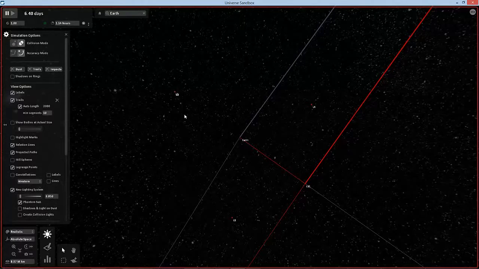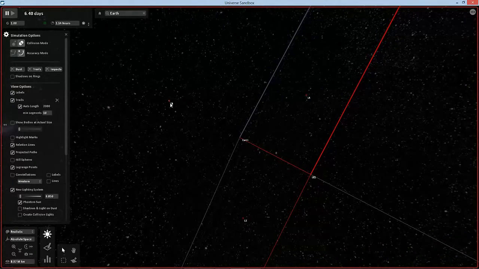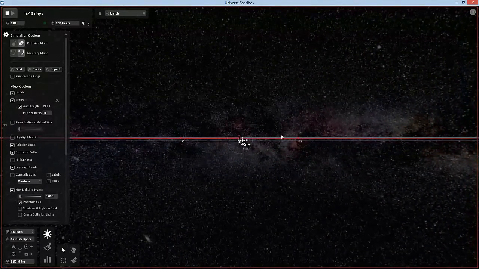We're putting it at the L3 or L2, sorry about that, and we are keeping it in the dark because it's always going to be in the dark, always going to be right here, since our Earth is blocking it from the sun.